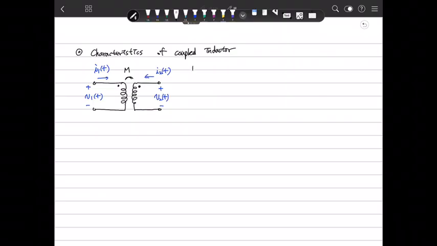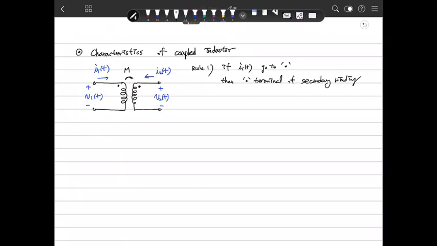Rule 1: if I1(t) goes into that dot terminal, then that terminal of the secondary winding is the positive voltage.